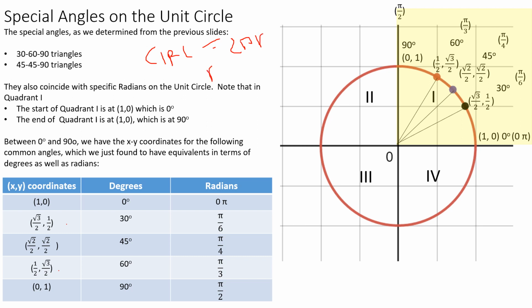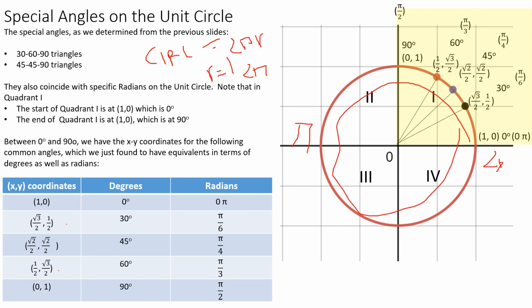And if the radius equals 1, then my entire distance around is simply 2 pi, because 2 times pi times 1, which is the r here, is 2 pi. Which means if this is 2 pi all the way around, halfway around is 1 pi.